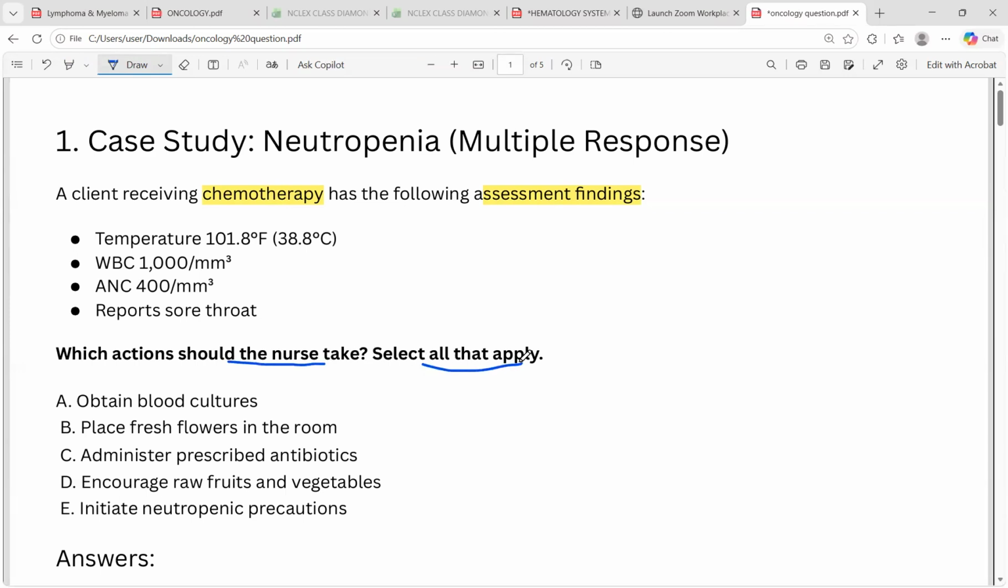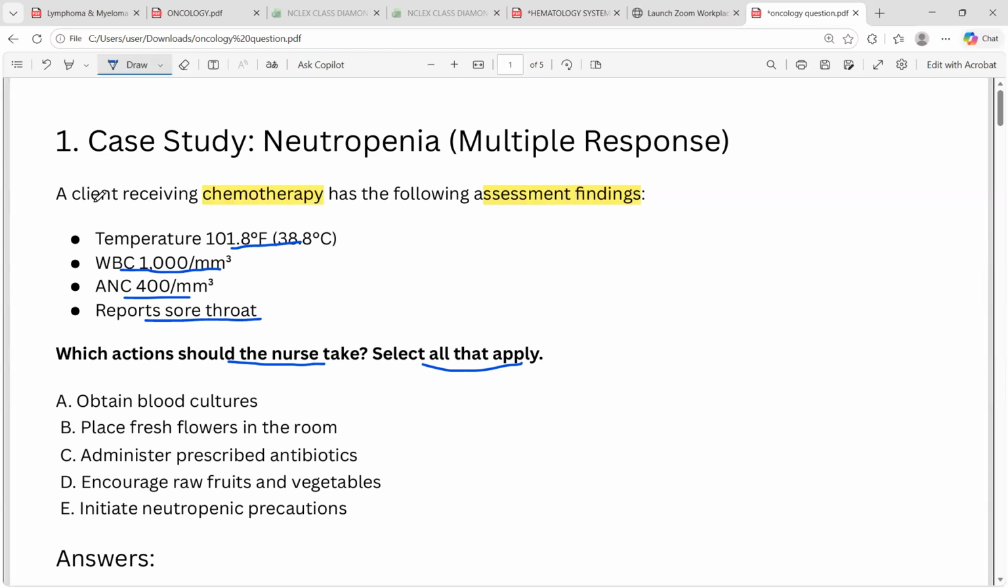So, chemotherapy and then the assessment findings. Temperature is 101, ANC, and the client reports a sore throat. So, which action should the nurse take? First analyze the scenario.